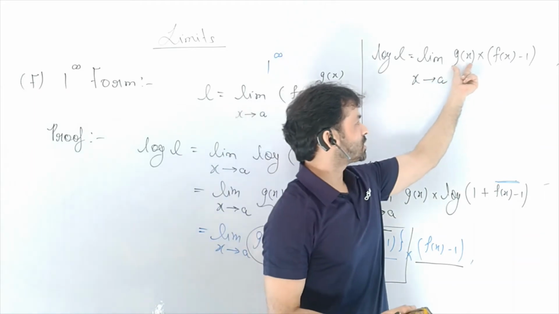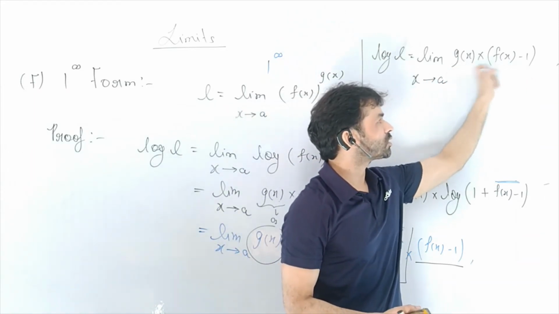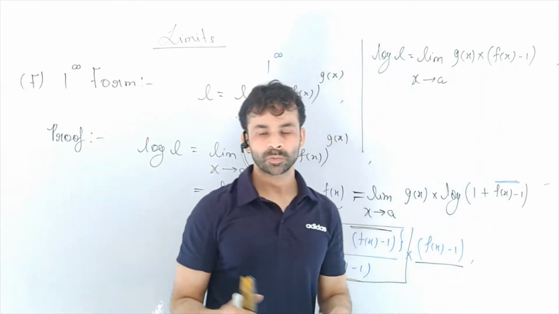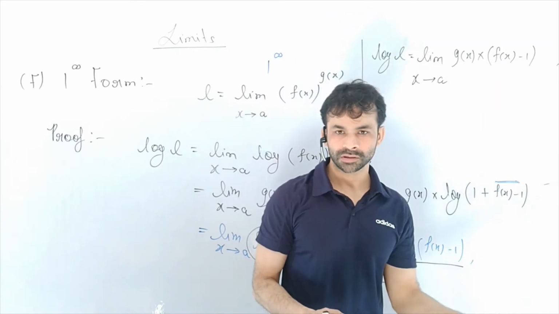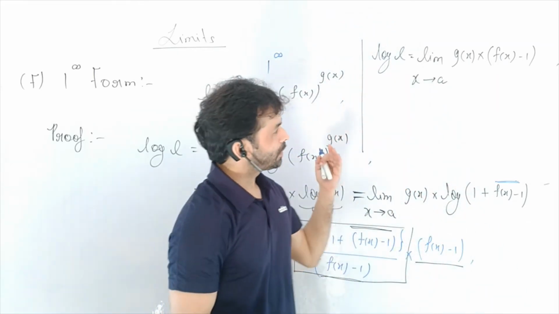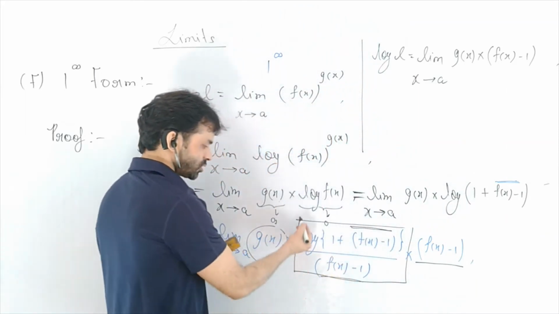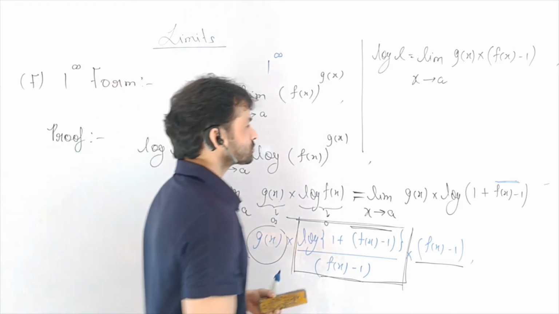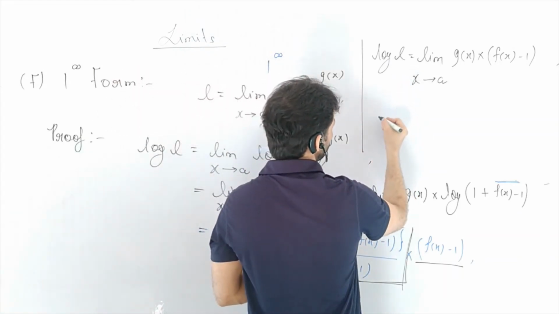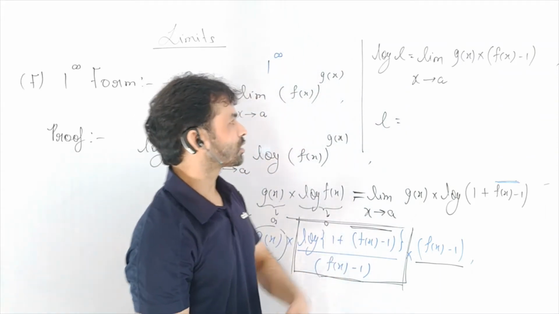And this gx is tending to infinity, fx is tending to 1, so 1 minus 1 is 0. Now you have 0 into infinity form, which you can solve easily by using many other methods: factorization, rationalization, or using results like the way we used the result here. Now I have to write L, so I have to remove this log.